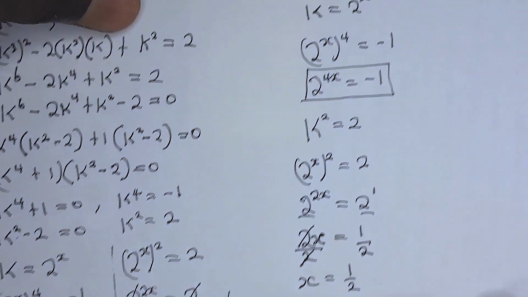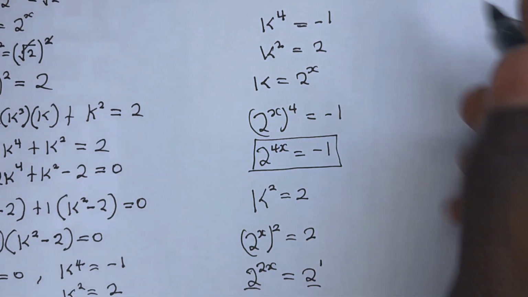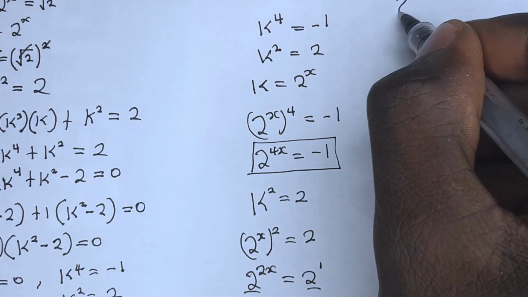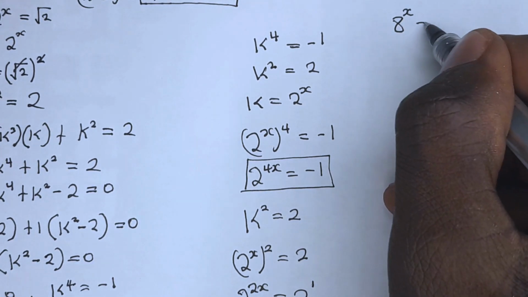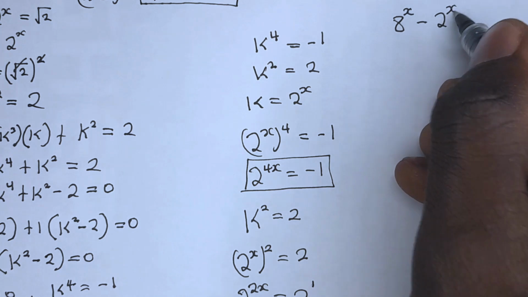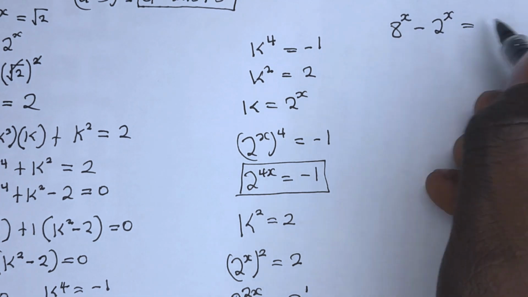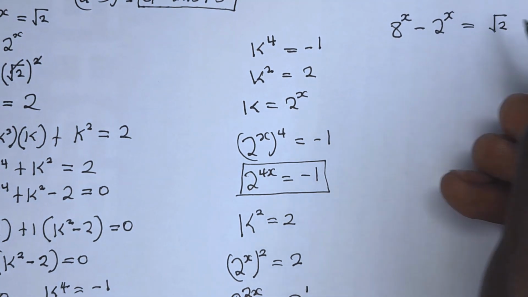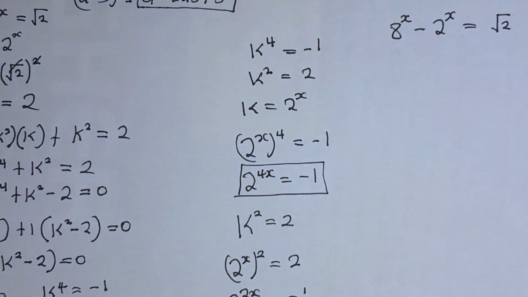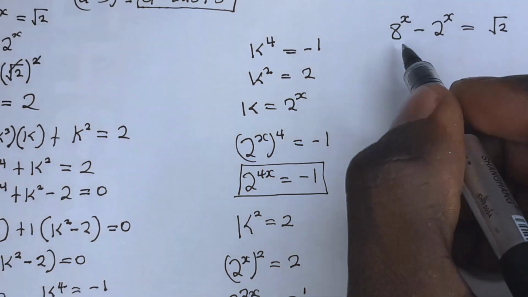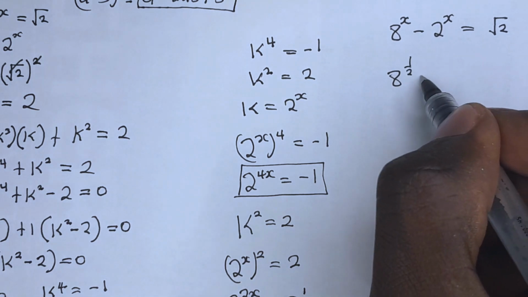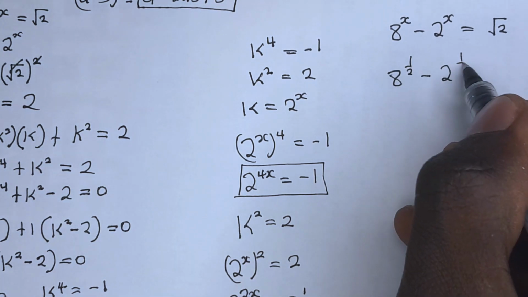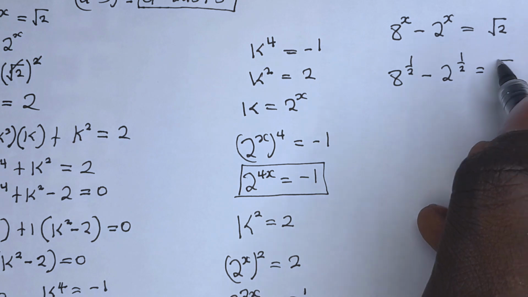So let's verify. We have 8 to the power of x minus 2 to the power of x is equal to square root of 2. So let's substitute the value of x equals 1 over 2. Therefore, 8 to the power of 1 over 2 minus 2 to the power of 1 over 2, which is equal to square root of 2.